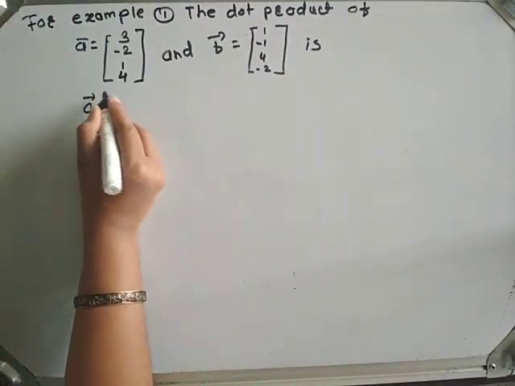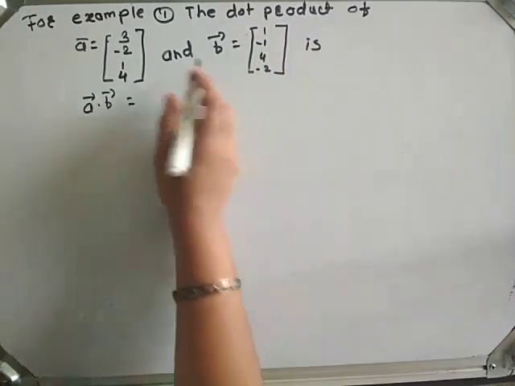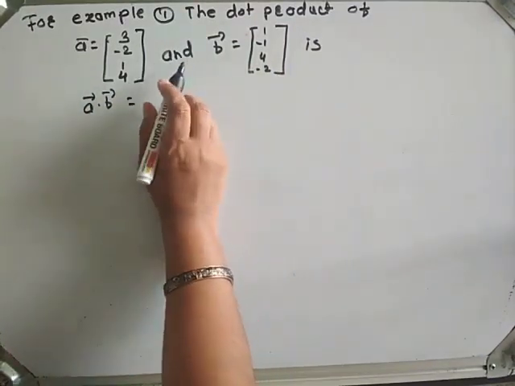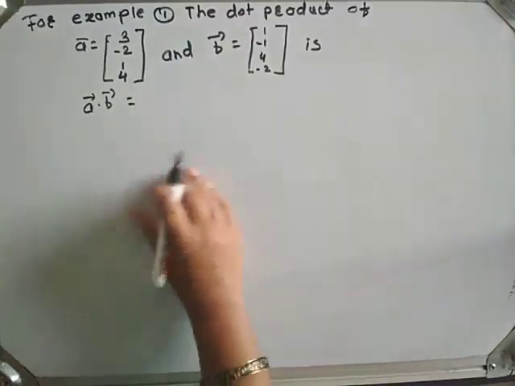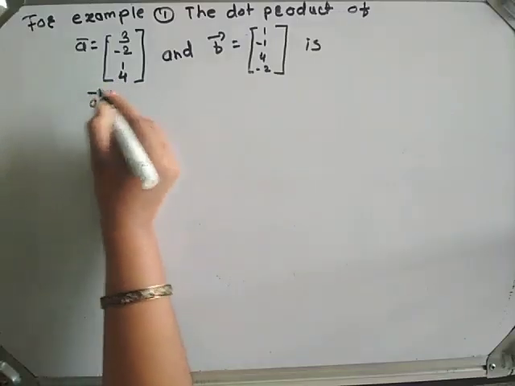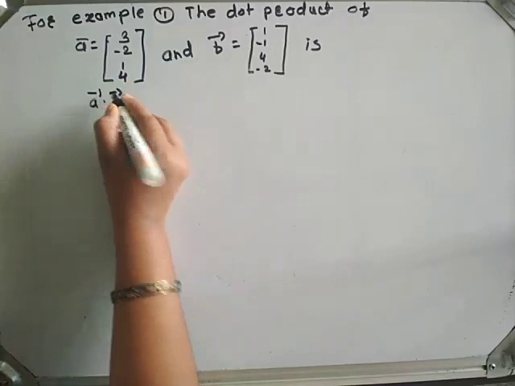Here we have to find the dot product of a bar and b bar.